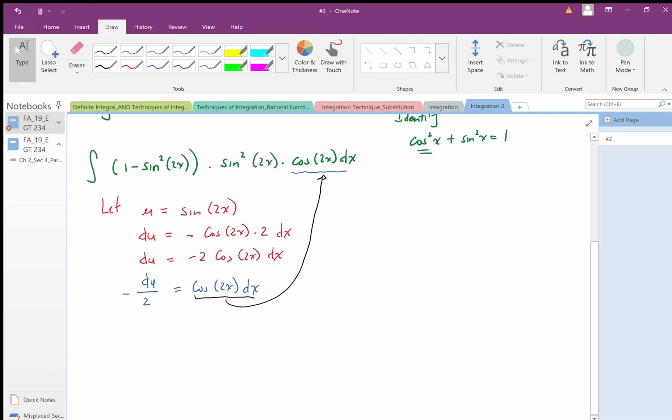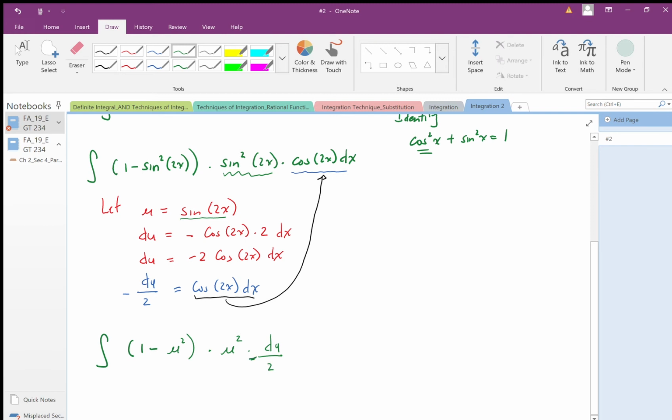Okay, so now I want to convert everything into u. Since I already chose my u to be sine 2x, I'm going to get 1 minus u squared, times another u squared, and it's going to be my du over 2.